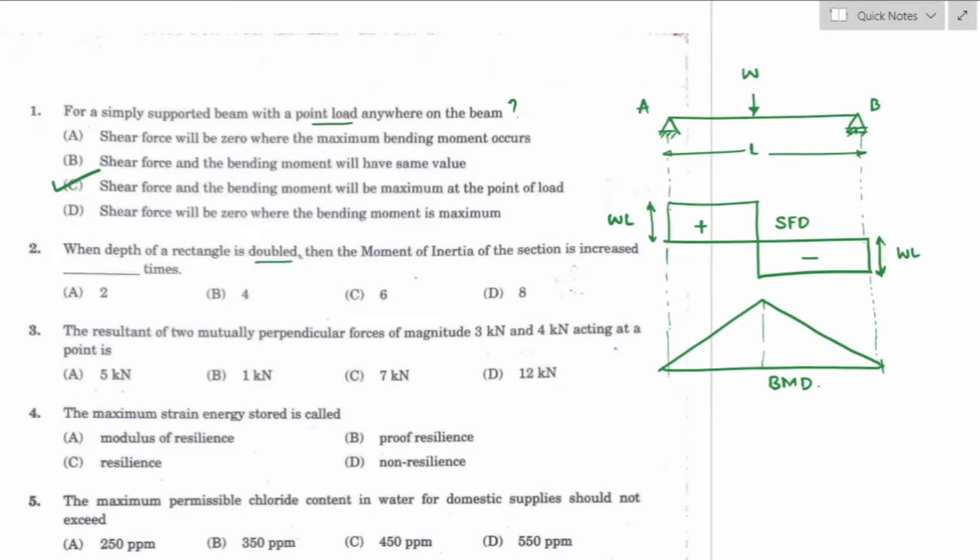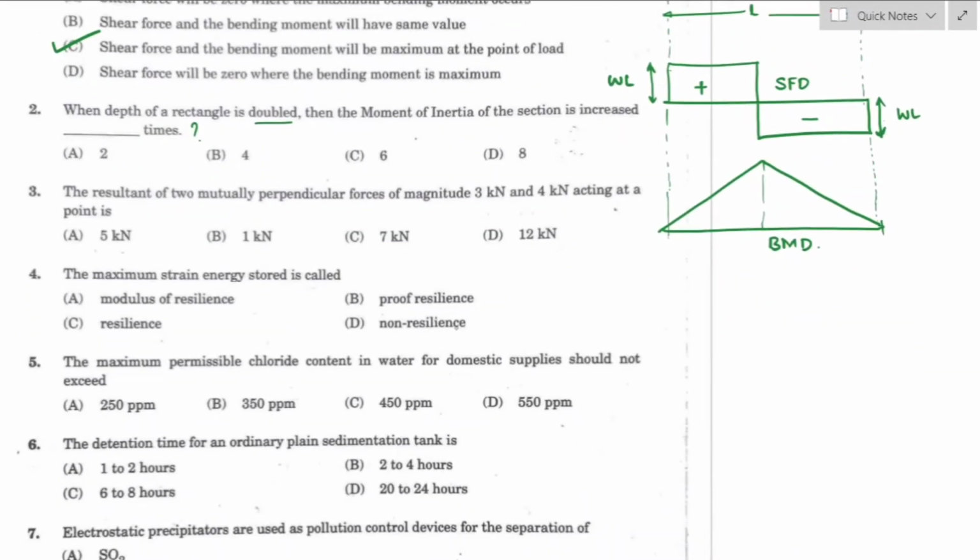Question number 2. When the depth of a rectangle is doubled, then the moment of inertia of the section is increased dash times. We know that the moment of inertia for a rectangular cross section is BD cube by 12. So moment of inertia is directly proportional to the cube of the depth of the section.